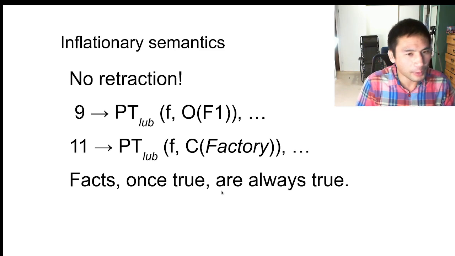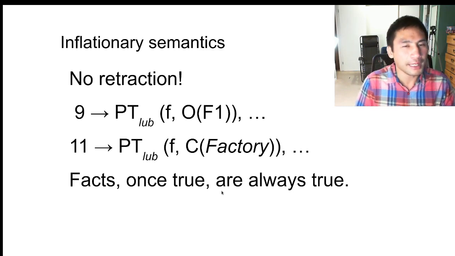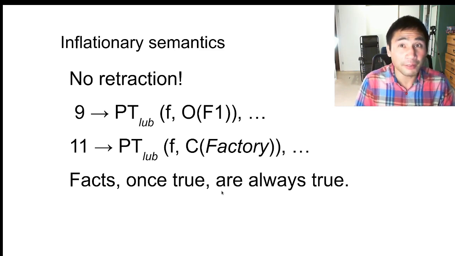Okay, so between each time step, we have something called the inflationary semantics, which is their big idea. No backsies, is that a word that people might know? Probably not, but maybe. Anyway, no retraction.